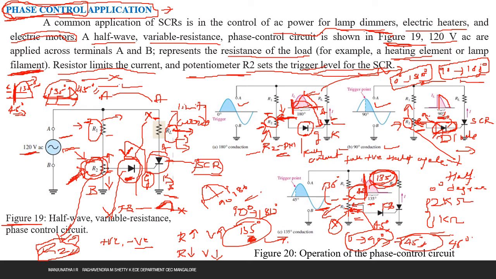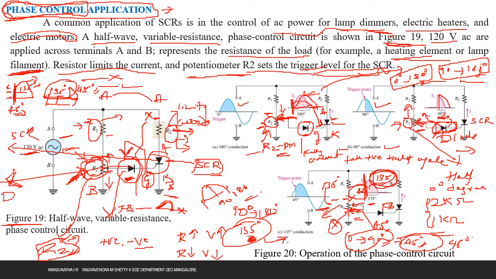After the discussion here, what I can conclude is that the voltage coming out from this diode decides at what time we give triggering pulses to this SCR.